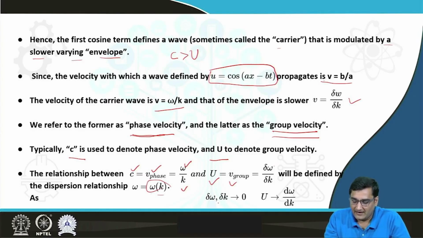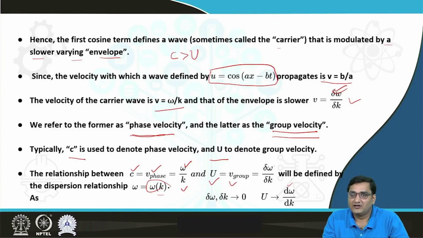Suppose we take Δk tending to 0, that is, we take infinitesimally small changes, then the delta term can be replaced with d, that is dω/dk.